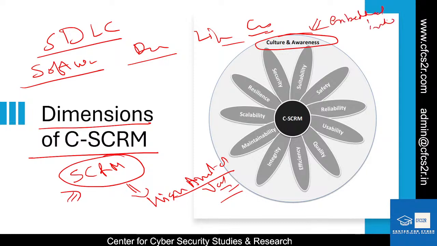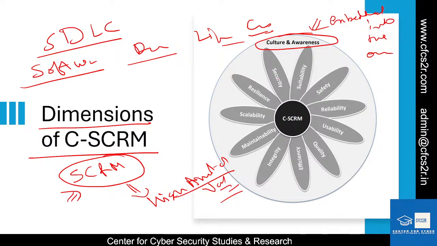Once you have embedded the culture of security, the culture of cybersecurity supply chain risk management into your organization, you will see the results can be very helpful. You will also see a lot of positive things and a lot of positive feedback in your organization. This is a very important part.